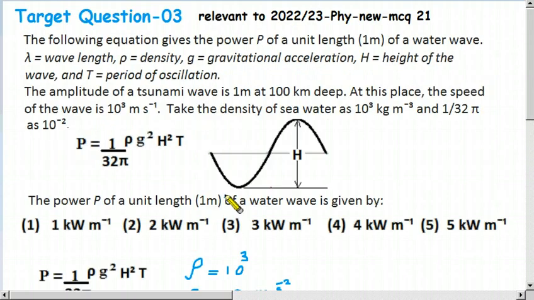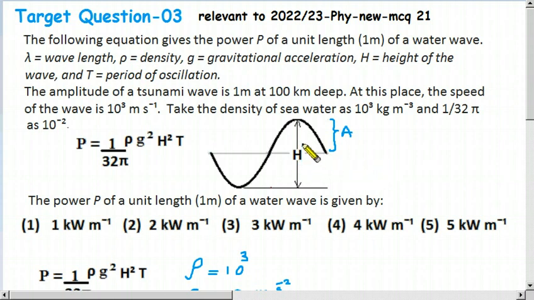H is, they say, the height of the wave. Normally we don't use heights in A level classes. What we use is the amplitude. Since they have given a diagram, a figure, the wave looks symmetrical.